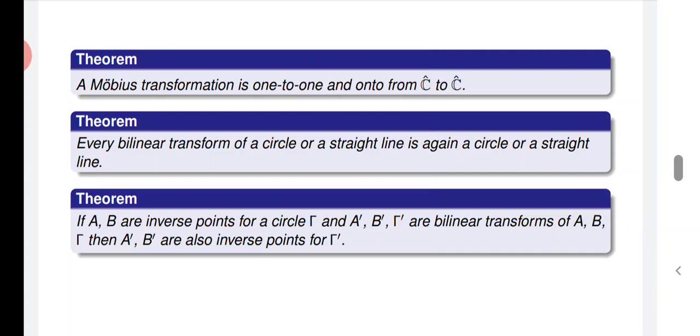Another result, if A, B are inverse points for a circle gamma and A dash, B dash and gamma dash are bilinear transformations of A, B and gamma, then A dash and B dash are also inverse points for gamma dash. It is a very important result, so we must note these results.